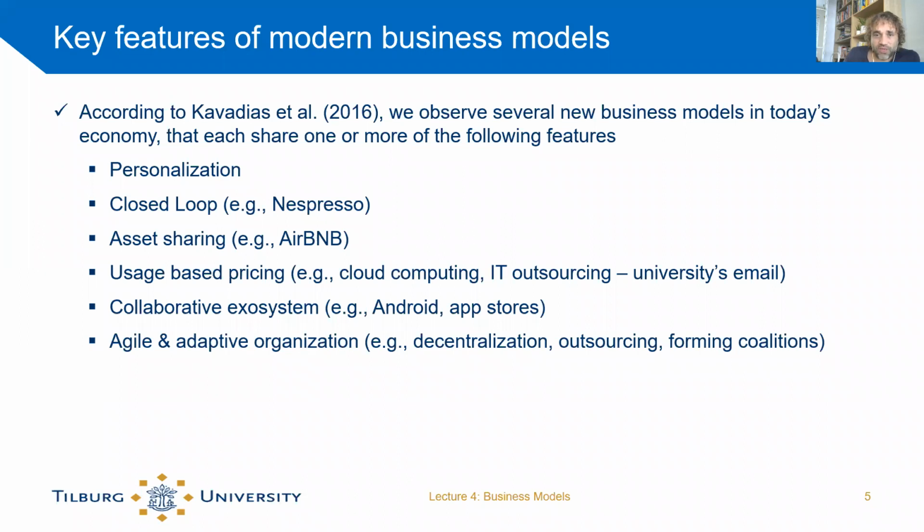But if you take this to the extreme, you have companies with a business model which relies on getting rid of their assets altogether. So if you look at Airbnb or Uber, Airbnb doesn't own hotels. Uber doesn't own taxis.